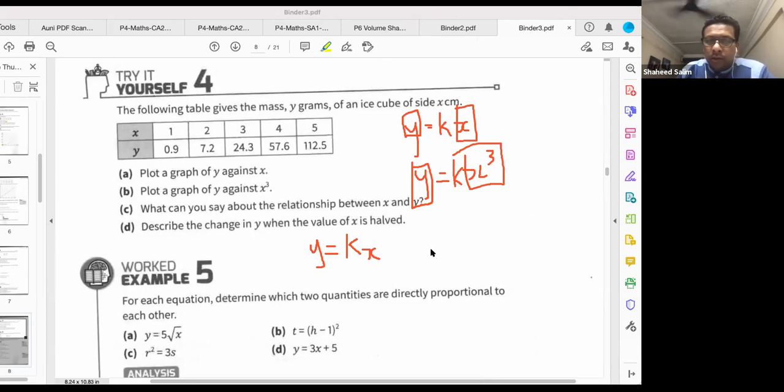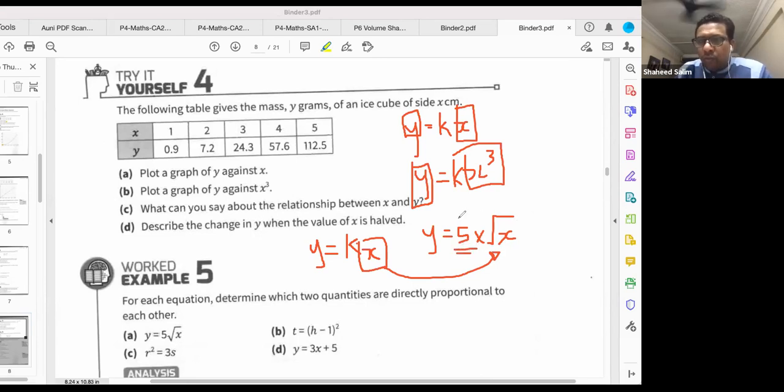So down here, you see, y equals 5 times the square root of x. So can you see y? This x, what is similar to it? Square root of x. 5 is the constant. So this fits the formula.